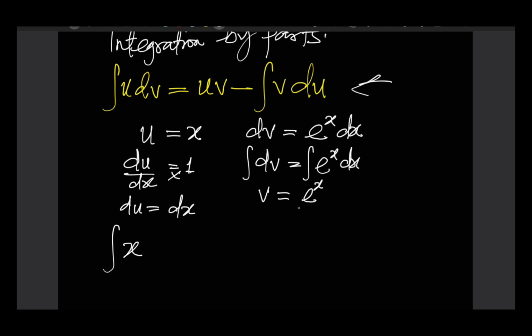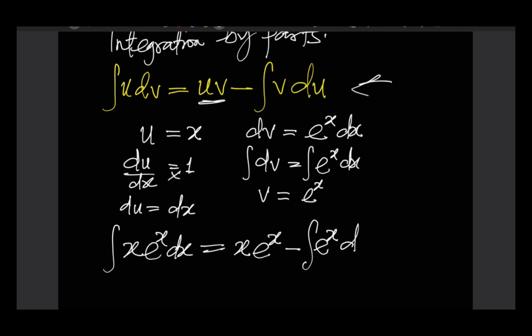Your dv is exponential x dx, equals u times v. This is your u, x, multiplied by v, which is exponential x, minus the integral of v, which is exponential x, multiplied by du. What's your du? This is it, dx.